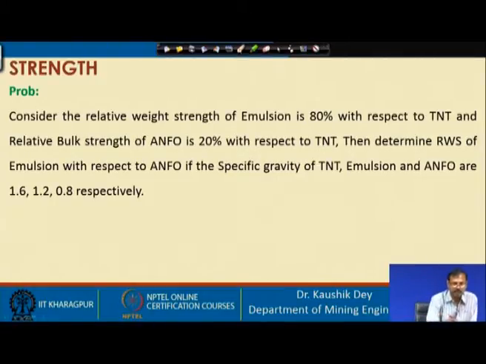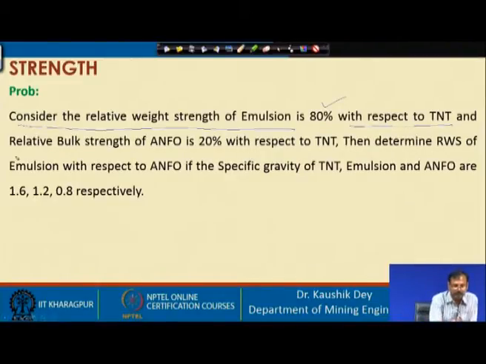Consider the relative weight strength of emulsion is 80% with respect to TNT. That means 1 kg of emulsion produces 80% of the energy produced from 1 kg of TNT.